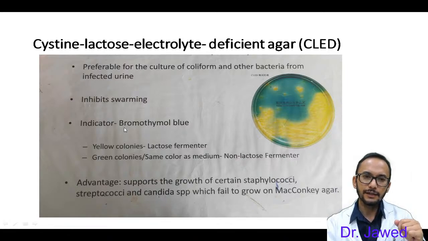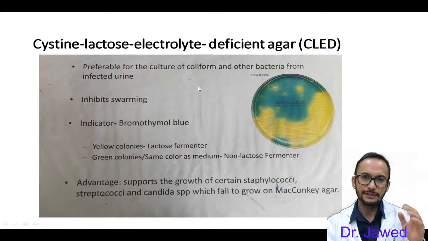The indicator used here is bromothymol blue, which is why the culture plate appears blue, and it differentiates bacteria into lactose fermenters and non-lactose fermenters. If the lactose is fermented, the colony turns yellow because of the change in pH.